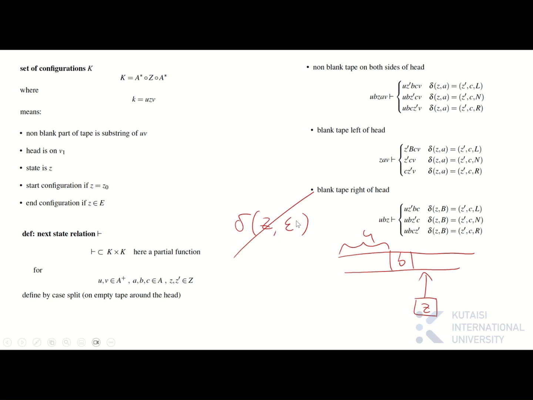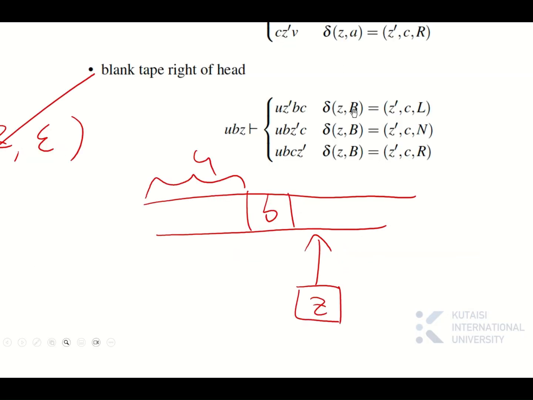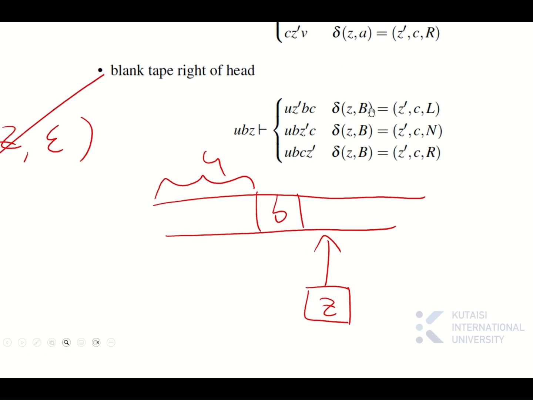So what do I do next? The answer is, you act like there's blank. You think, what do I do when I'm in state Z and I read blank? And you do that. So you always substitute emptiness with blank.